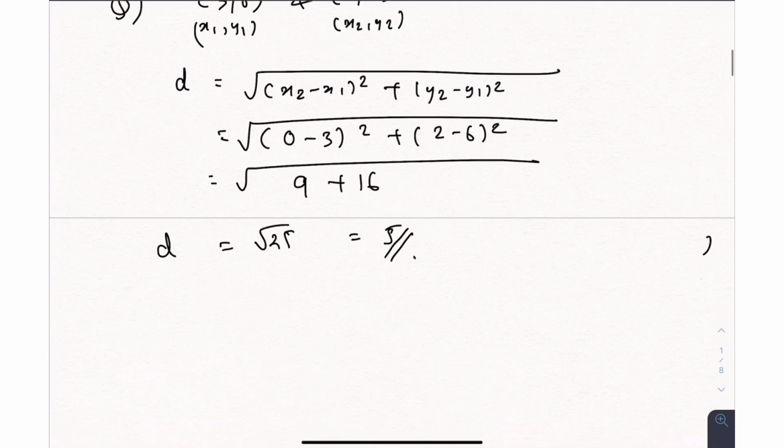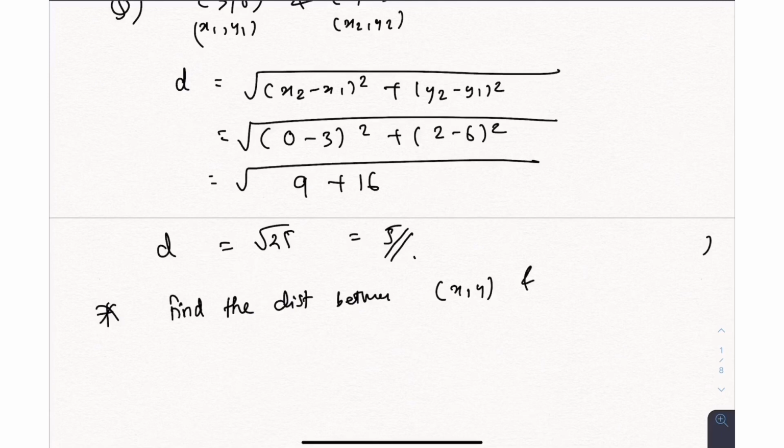Now the second part is important because this will give us a new formula. Suppose a question is: find the distance between any given point, let's say x comma y, and the origin. We know the origin is the point of intersection of the x and y axes, and the coordinates of the origin are 0 comma 0.